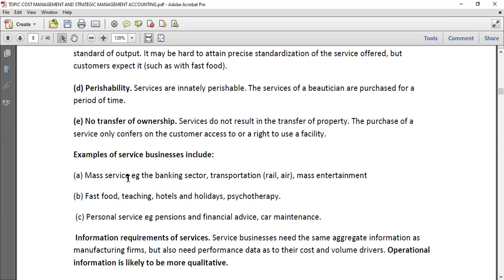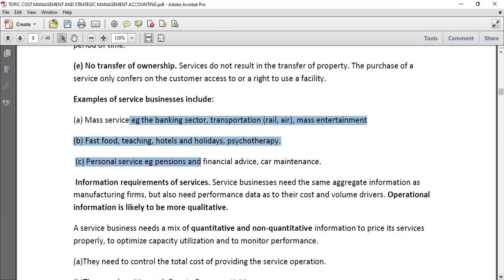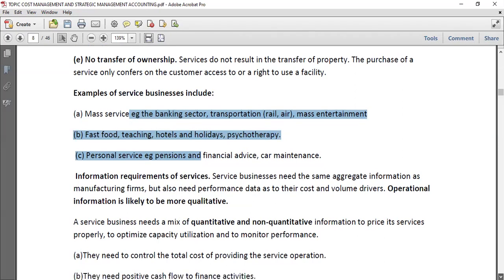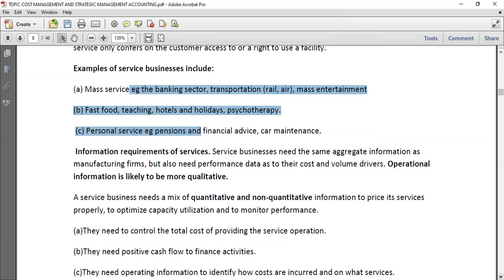So based on that, us determining a target cost and also determining the customer perspective and how much the customer may be able to pay may be a bit expensive and complex compared to a product business. That is why it's very important that we understand how those could play out.